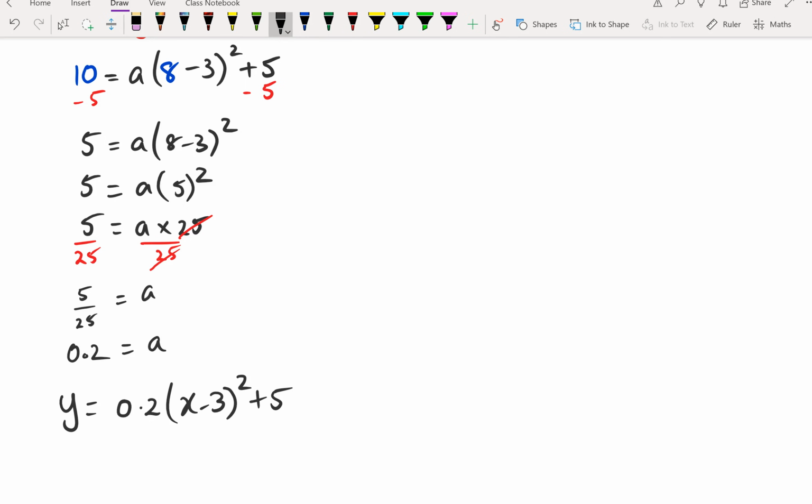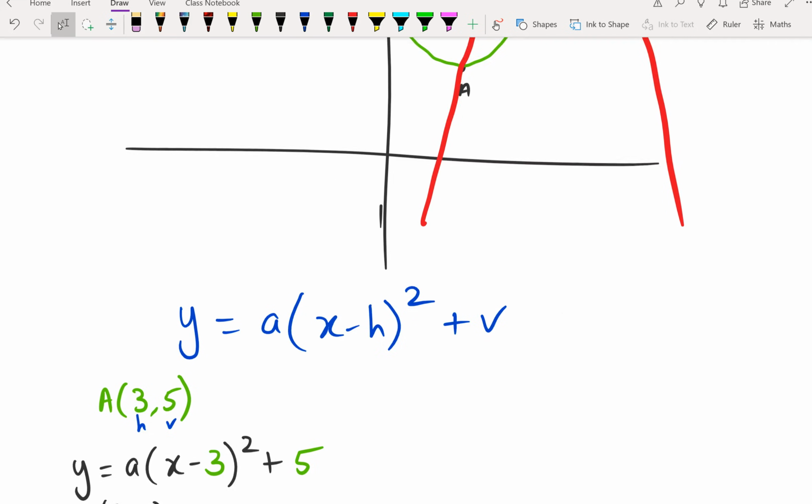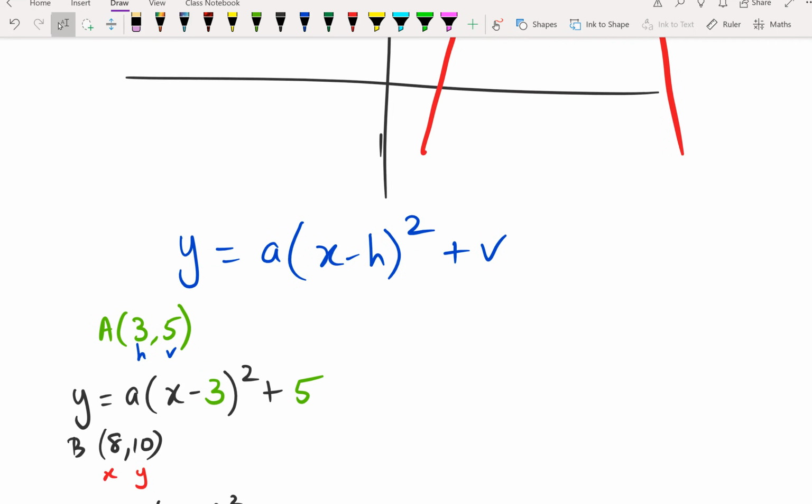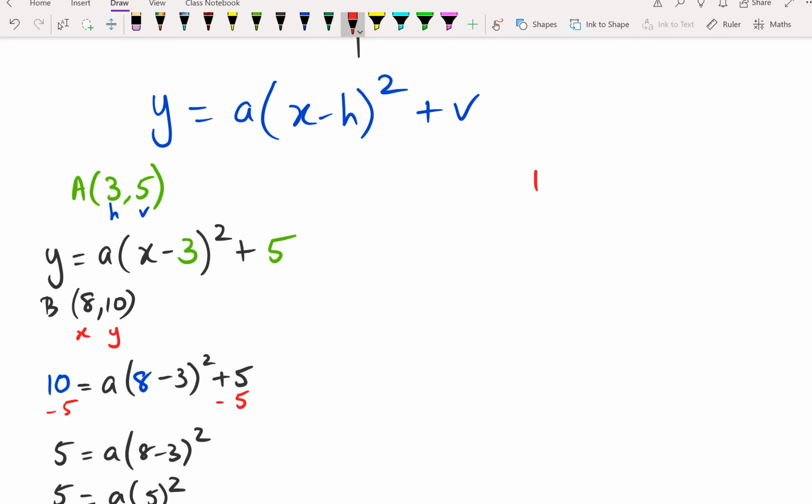All right, so what happens if I had chosen B as my vertex? Then it's pretty much the same working out, because the formula is still going to be the same. I've got B equal to (8, 10).